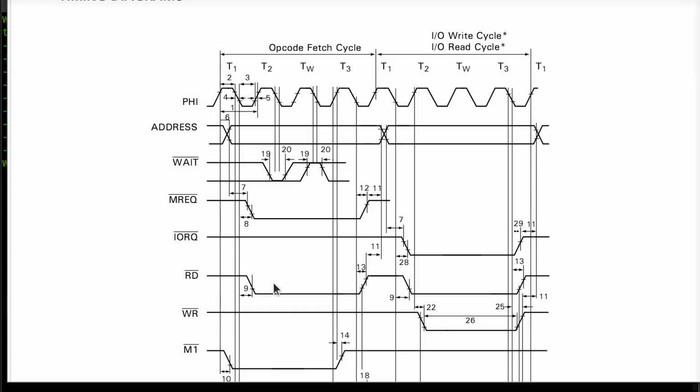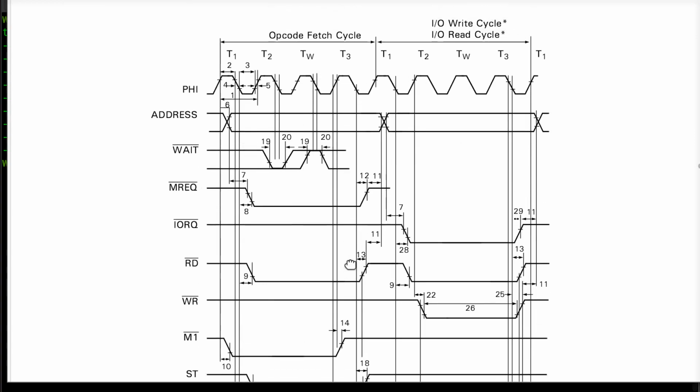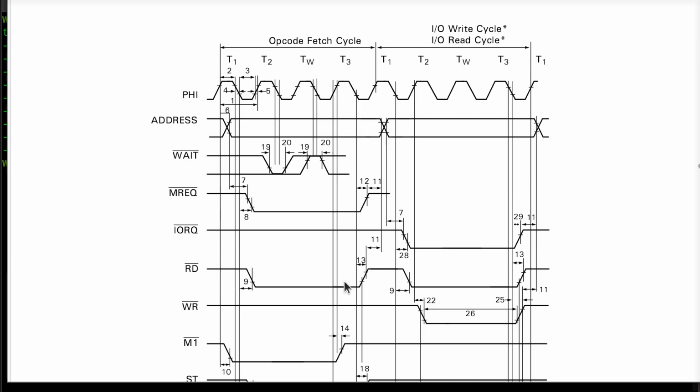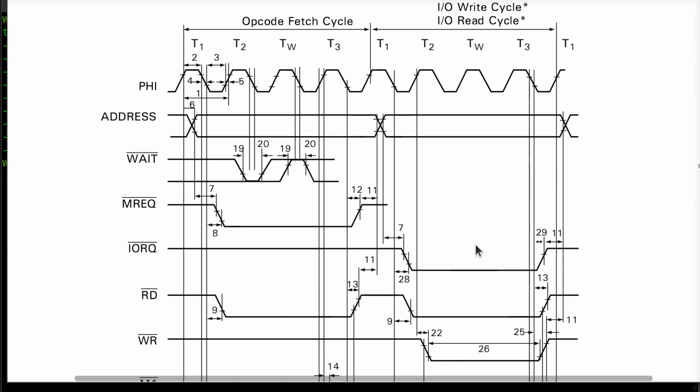So the key here to observe is that this CPU, the Z8S180 in particular, is running asynchronously, and what it expects you to do is, for example, if it's issuing a read cycle like this right here, it will assert a memory request signal, which is this one right here.